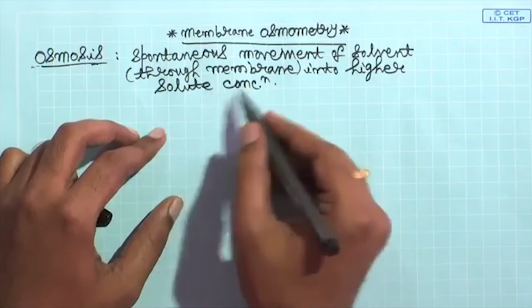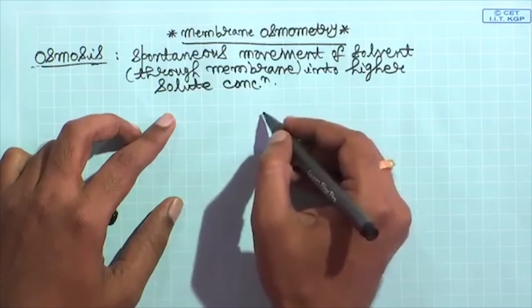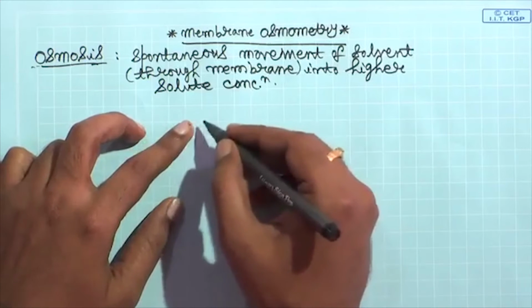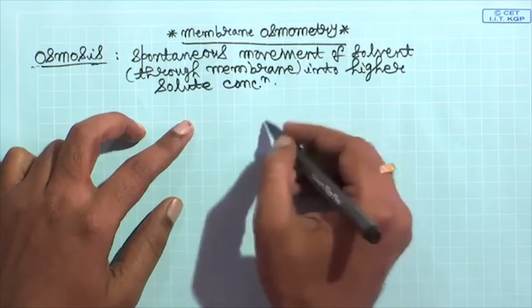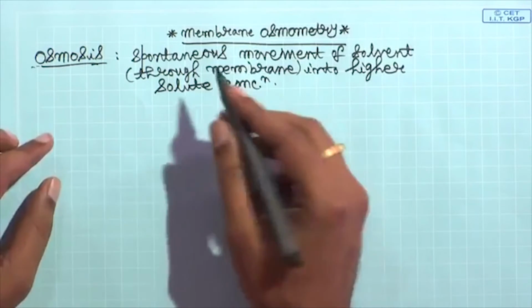So, you can basically have solutions also on both sides. On one side you will have concentration lower, on one side maybe concentration is higher. So, from the lower concentration side the solvent will flow to the higher concentration side, and so on.